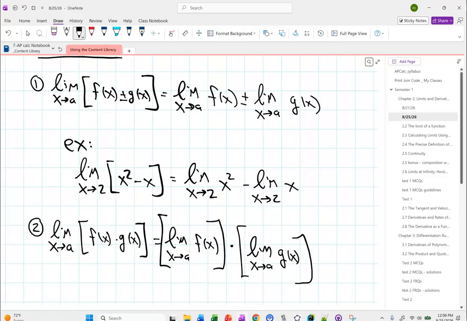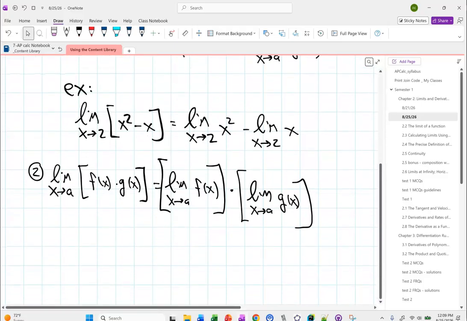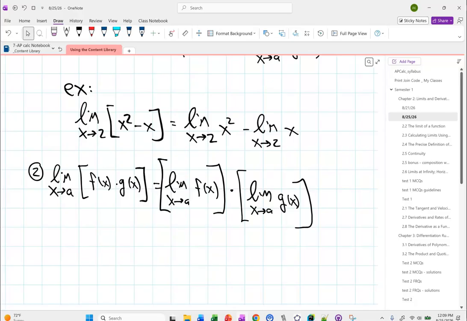The limit of f of x times g of x, I can do as the limit of f of x times the limit of g of x. I just break it into two limits. I'm going to decline to write an example here because once we've seen one example, we can envision what we're saying here, right? Okay.